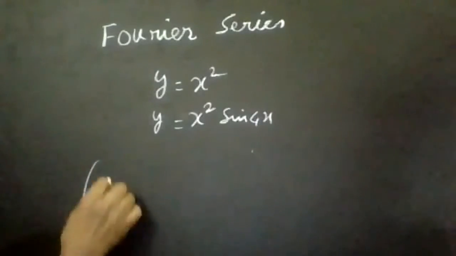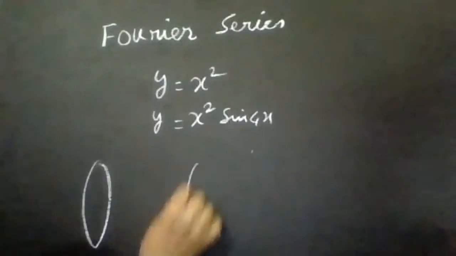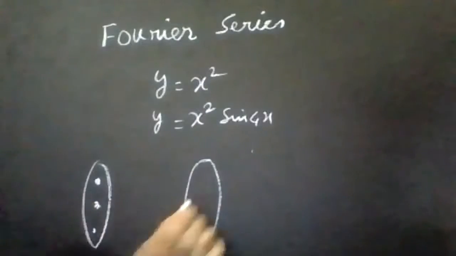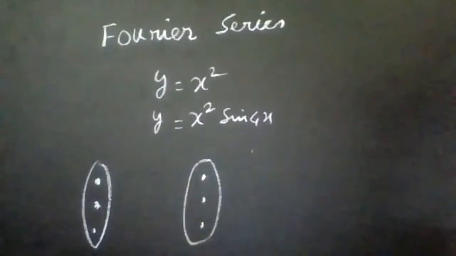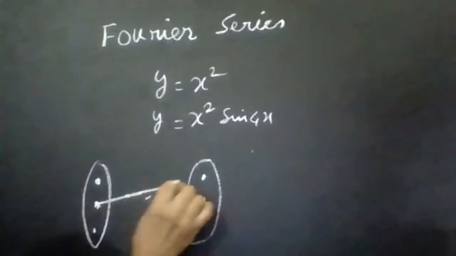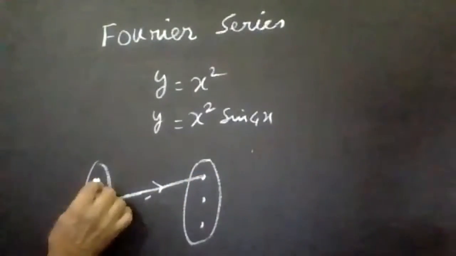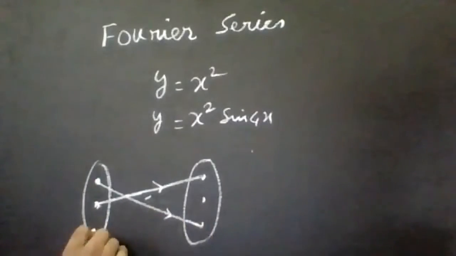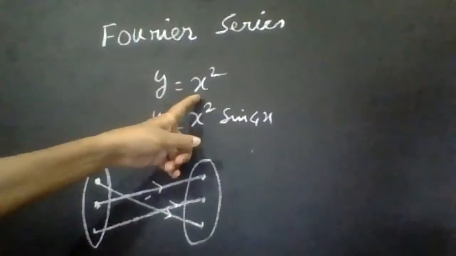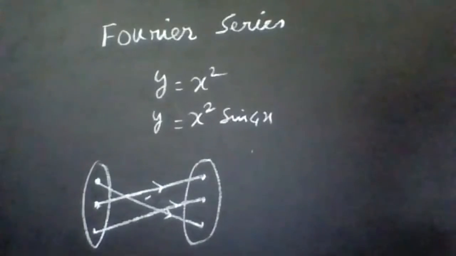Say you have a set X and another set Y. You have some elements in set X and some elements in set Y. Each element of set X is connected to some element of Y. This link is governed by some rule, and that rule is the function. That is the definition of a function. Let me give some examples.